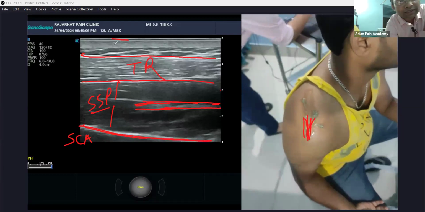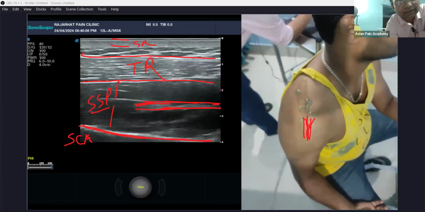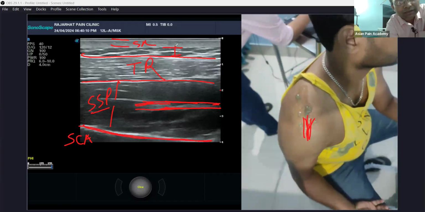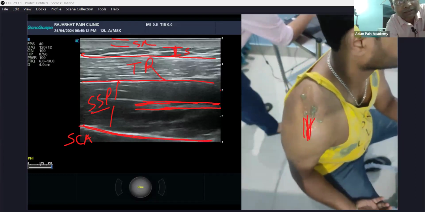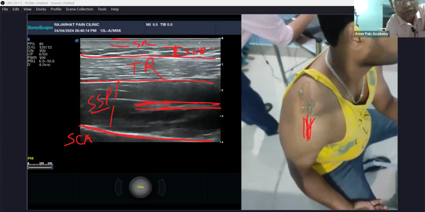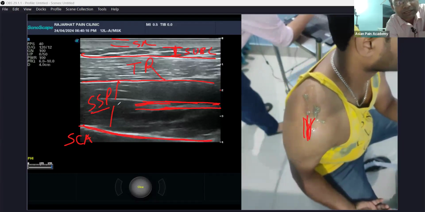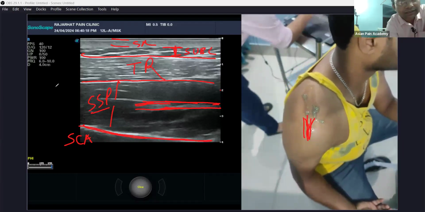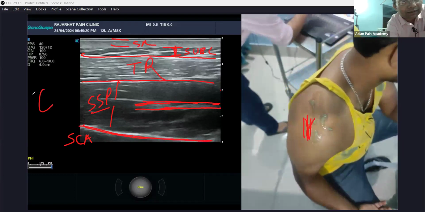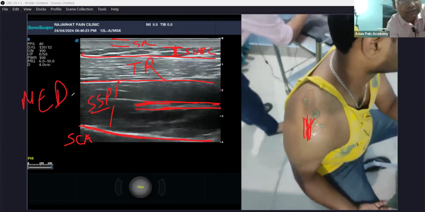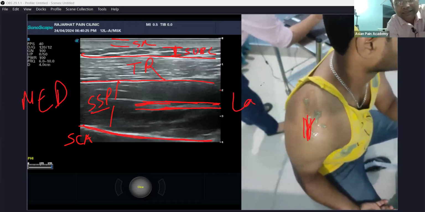This white part is skin, you understand, and this is the subcutaneous tissue. Below that, these black and white small lines are the subcutaneous tissue. So skin, subcutaneous tissue, trapezius, supraspinatus, and this side is medial side and this side is lateral side.